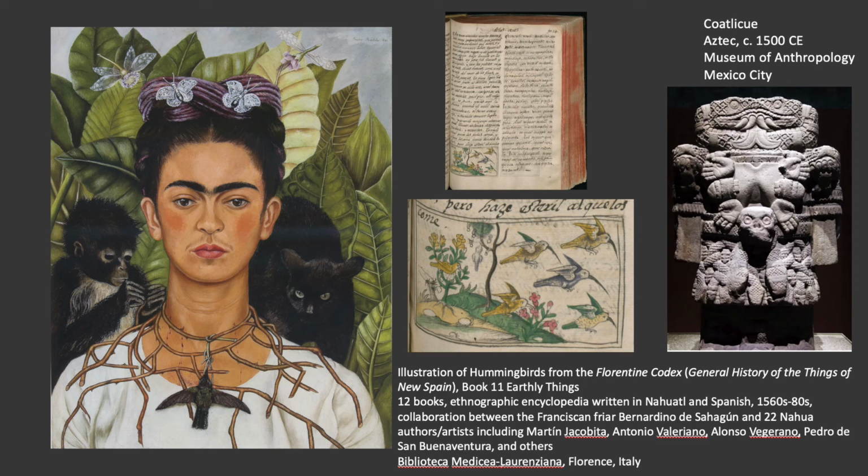The other thing that I want to point out is that in the monolith to Coatlicue, what we're looking at is a decapitated figure, because according to one of the narratives around Coatlicue, when she became impregnated with Huitzilopochtli, her other children, including the goddess of the moon, were enraged.